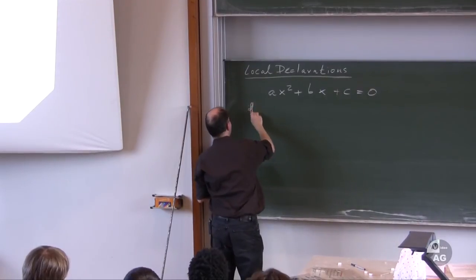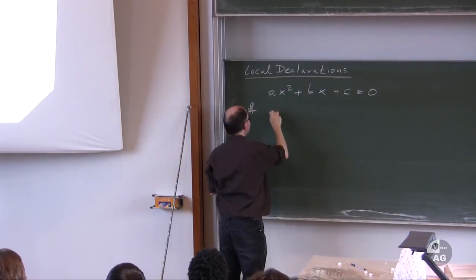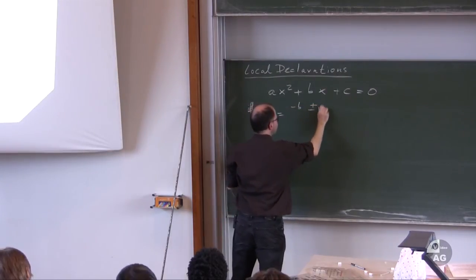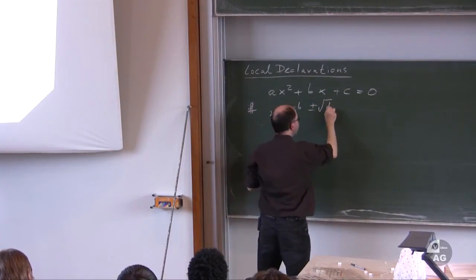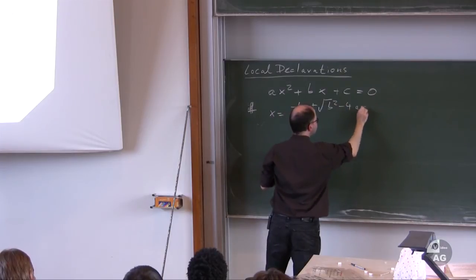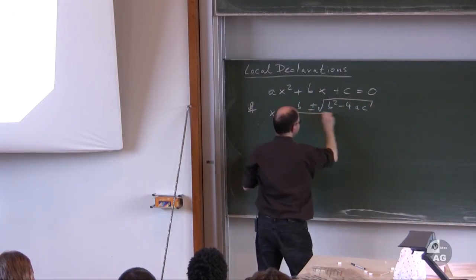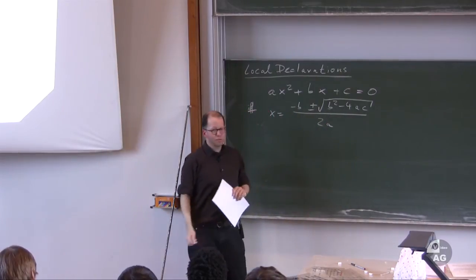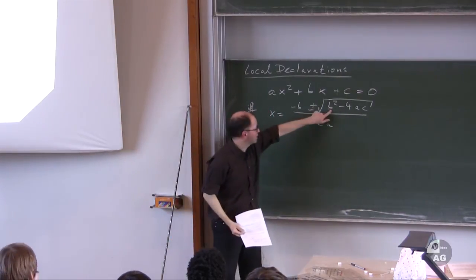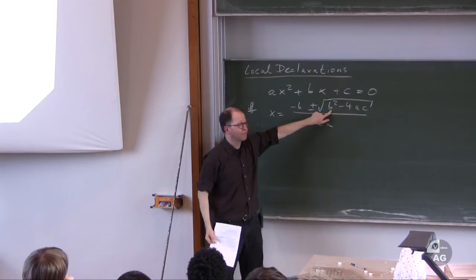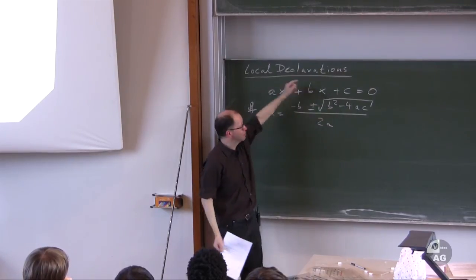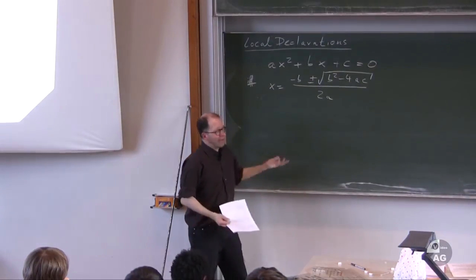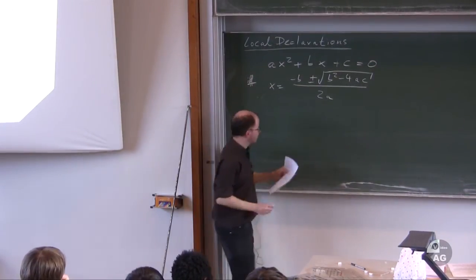This holds if and only if x is the following: minus b plus minus square root of b squared minus 4ac, divided by 2a. So I hope this looks familiar to you. And depending on whether the term under the root is negative or 0, you have two solutions, one solution or no solution in the real numbers. OK, so let's write a Haskell program which computes this.